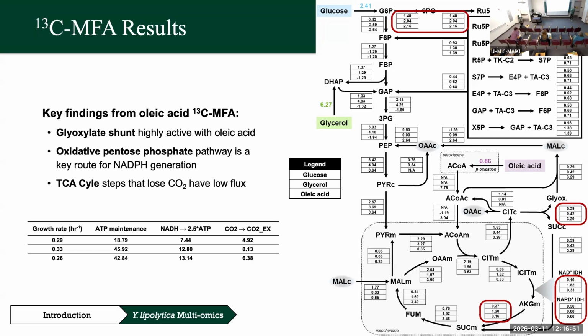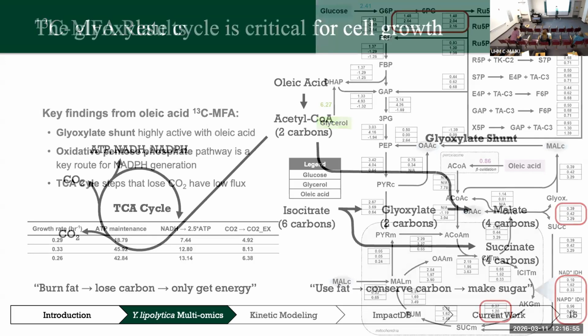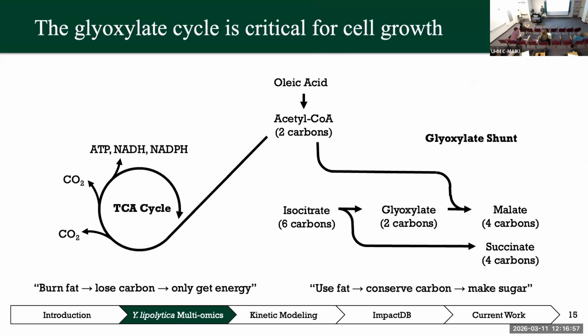Okay, so I want to talk a bit more about the glyoxylate shunt. After the oleic acid goes to acetyl-CoA, it can branch into the TCA cycle. But if 100% of the carbon went through the TCA cycle, then it would all be lost as carbon dioxide.